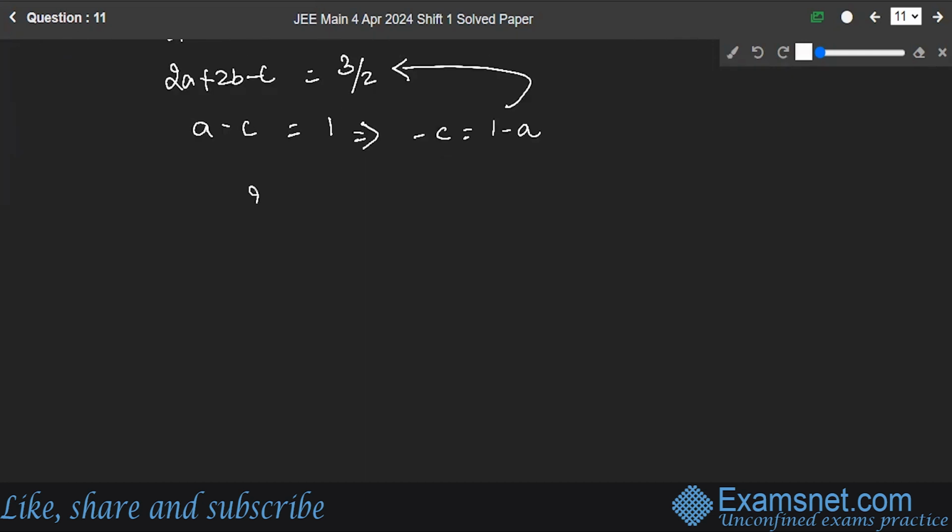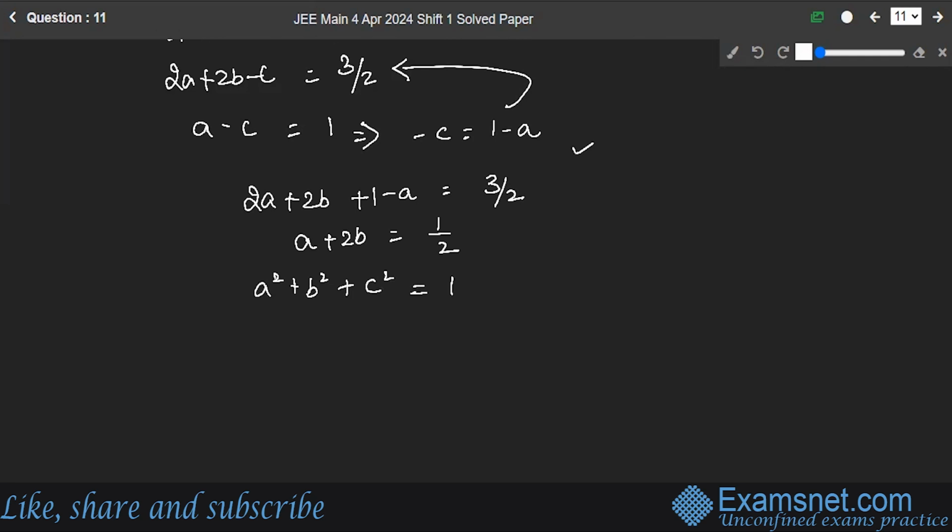You will get 2A plus 2B plus 1 minus A is equal to 3 by 2, or A plus 2B is equal to 1 by 2, right? Also, you have the equation A square plus B square plus C square is equal to 1. So let's fill in this also. You will have A square plus B square plus A minus 1 whole square, or 1 minus A whole square, whatever you want to write, that's perfectly okay. That is equal to 1.